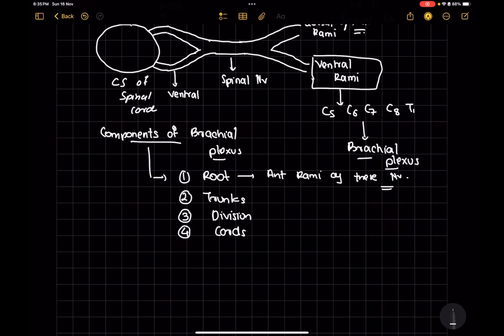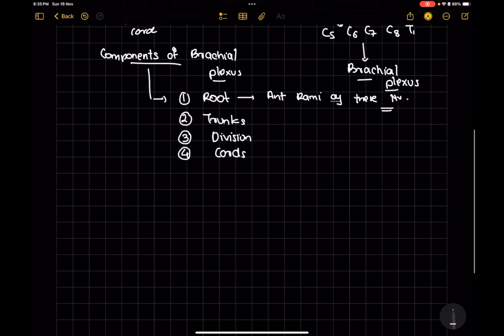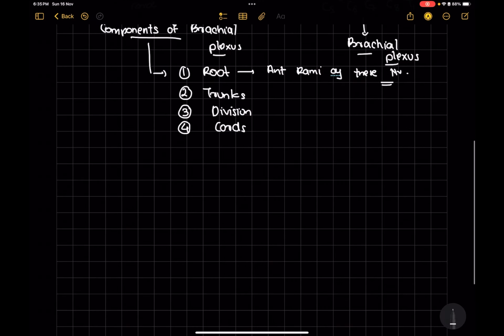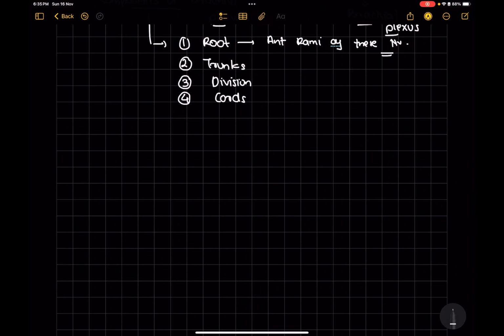One thing I forgot to tell you is that sometimes in MCQs they might ask: generally the contribution from C4 is not present, but if the contribution from C4 is large, then that brachial plexus is considered a prefixed brachial plexus, and if it comes from T2, then it is considered a post fixed brachial plexus.